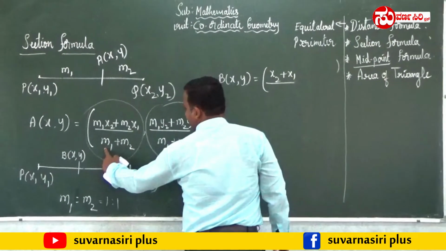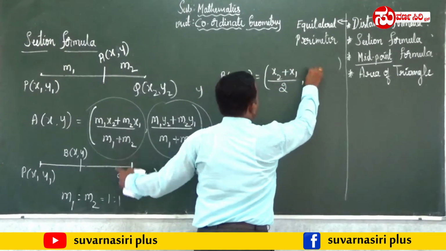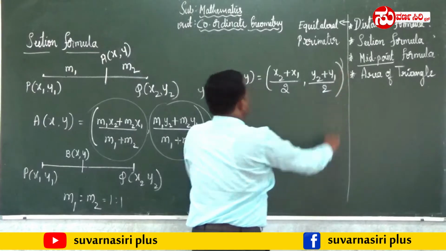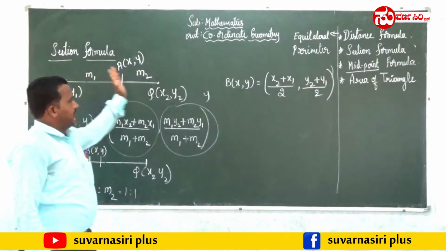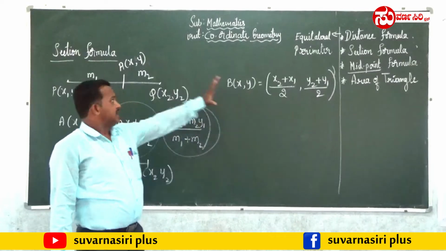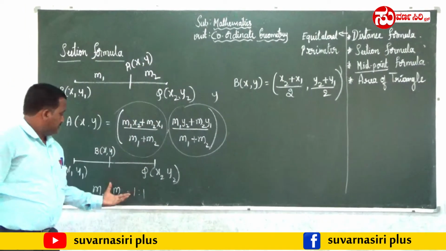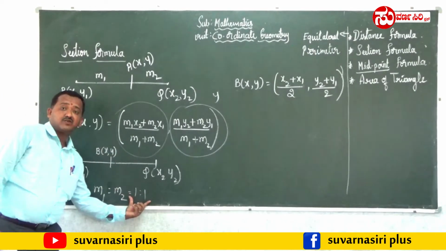Here m1 plus m2, 1 plus 1, that is 2. Similarly, y2 plus y1 divided by 2. This is the midpoint formula. So both are like co-brothers: the section formula where ratios are different, and the midpoint formula when the ratio is 1 is to 1.